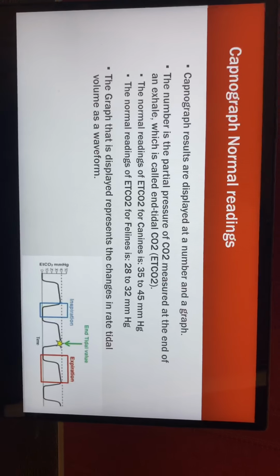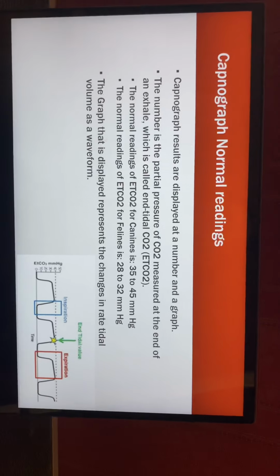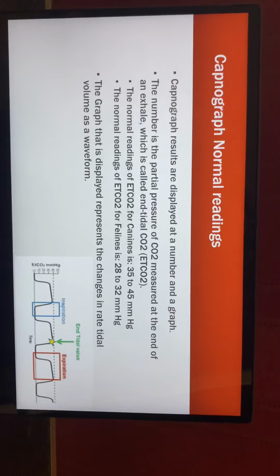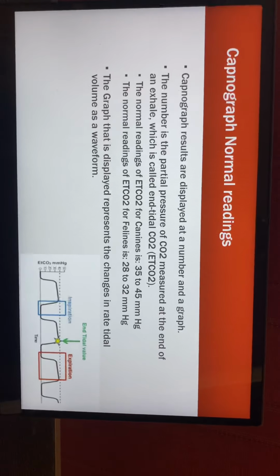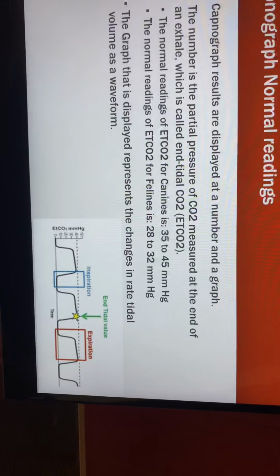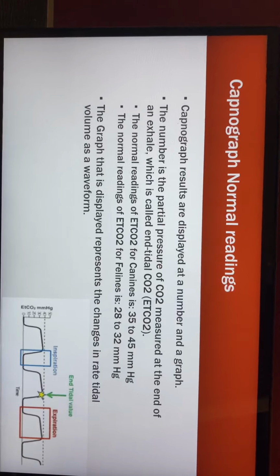The normal reading of EtCO2 for felines is 28 to 32 millimeters of mercury. The graph that is displayed represents the changes in rate and tidal volume as a waveform. This picture is just an example of what a waveform looks like, but we are going to go into it in a little more detail.